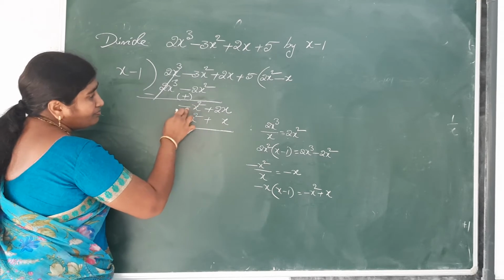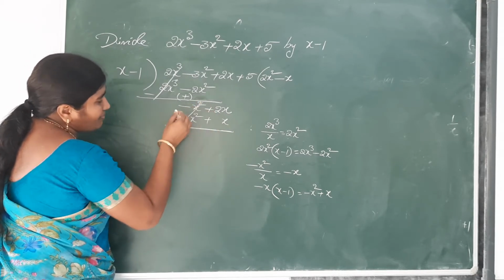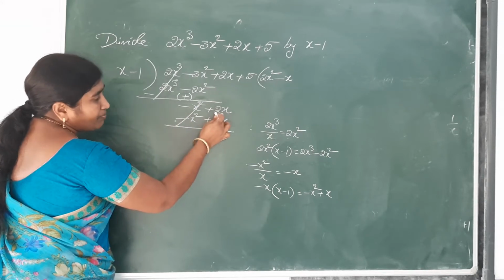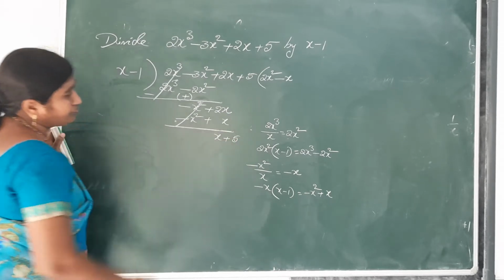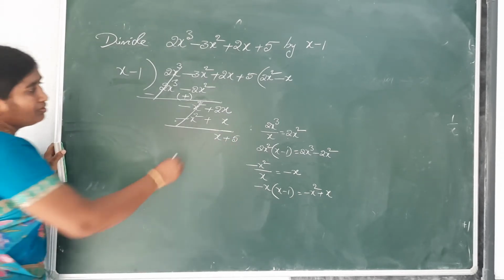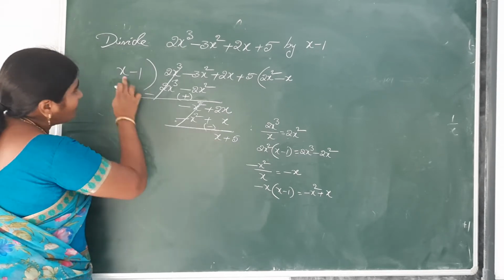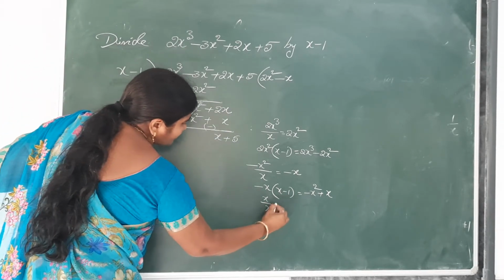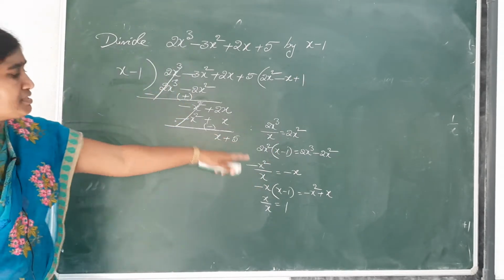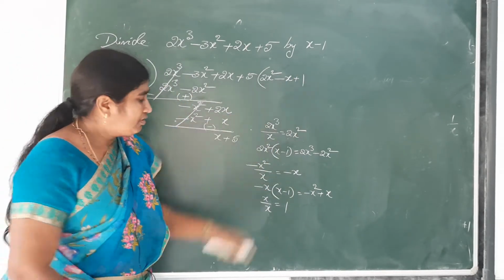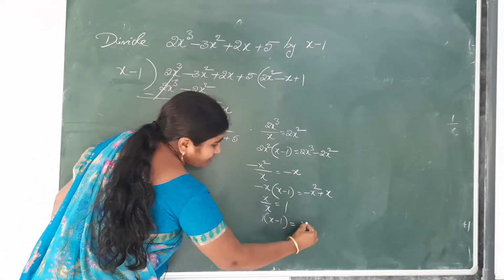Subtract minus x square plus x from minus x square plus 2x, minus x square cancels, plus 2x minus x is x, plus 5. Here first term x by x equals 1. It becomes the third term in the quotient. 1 into x minus 1 is x minus 1.